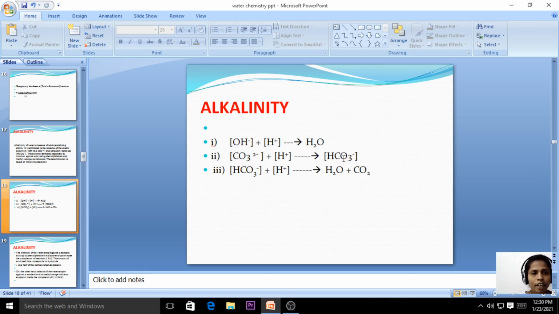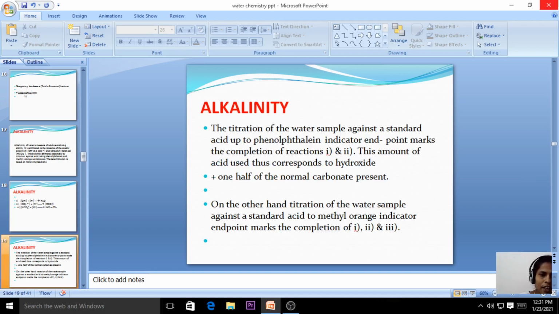One is the phenolphthalein endpoint and the other is the methyl orange endpoint. The phenolphthalein endpoint indicates complete neutralization of OH minus and half neutralization of carbonate. But the methyl orange indicator indicates complete neutralization of OH minus, complete neutralization of carbonate and complete neutralization of bicarbonate. That is the phenolphthalein and methyl orange endpoints. So now let us see the procedure.